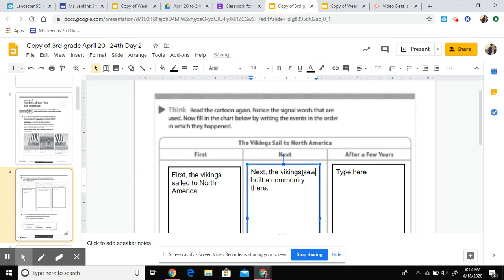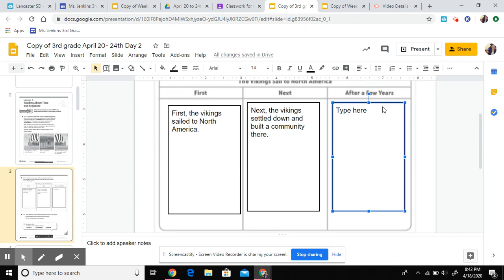I'll put Vikings settled down and built a community there. Now, the last one. After a few years, the Vikings decided to go home.